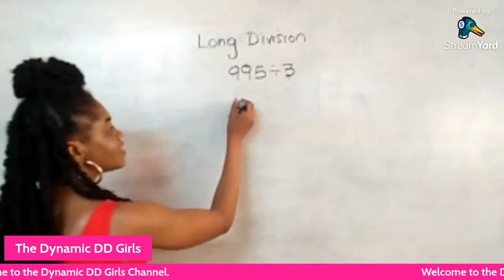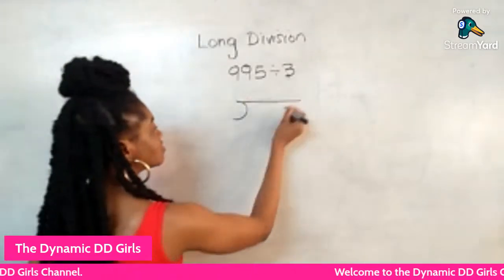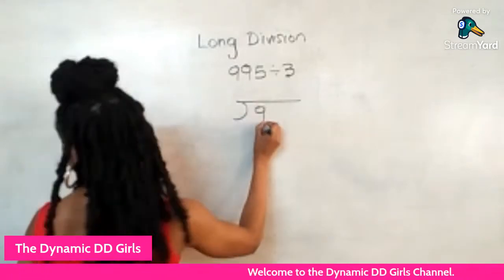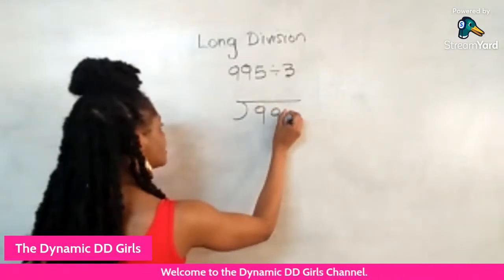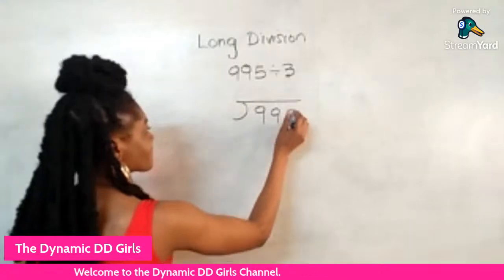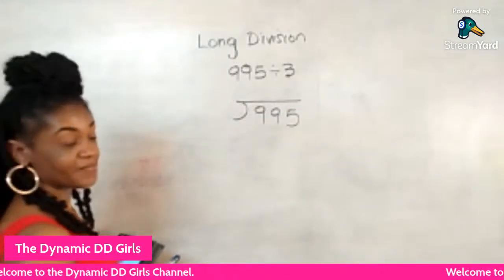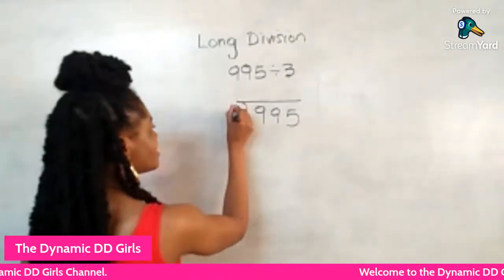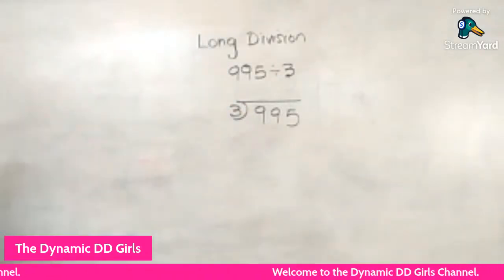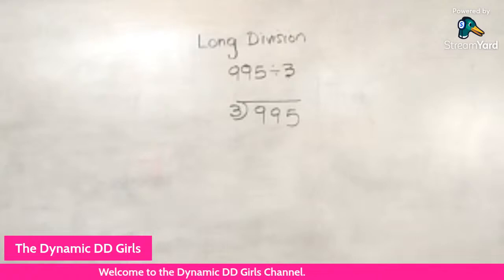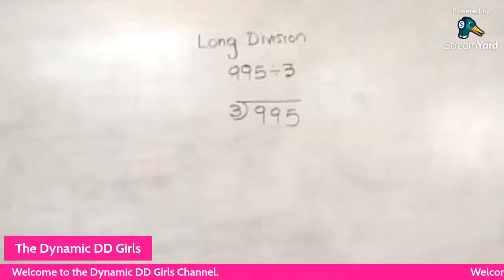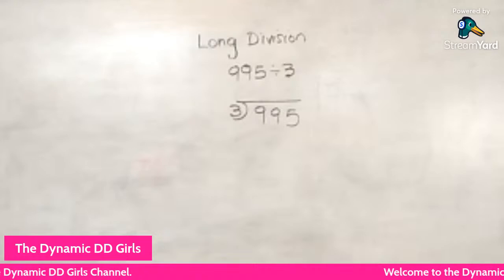Of course, we need to set it out. 995 is known as your dividend, and 3 in this case is known as your divisor. So let's look at how we're going to work that problem now.